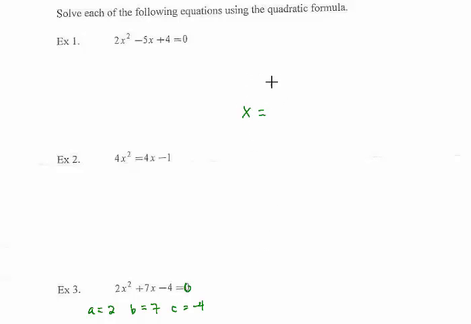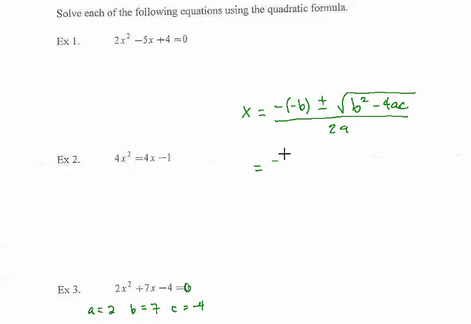And one more time through our quadratic formula, we write x equals negative b plus or minus the square root of b squared minus 4ac all over 2a. So we have minus, it's supposed to be negative b.